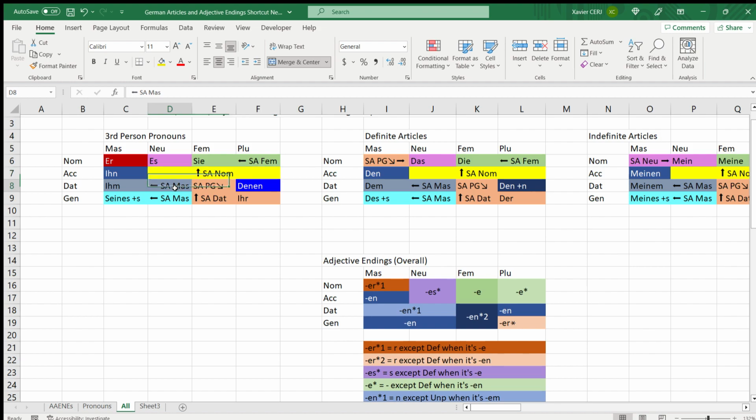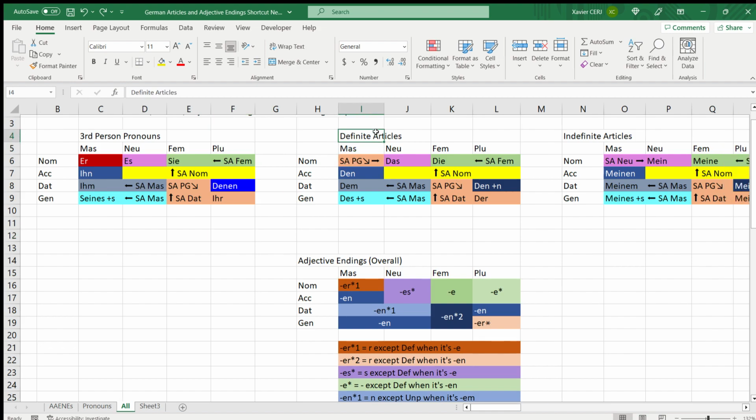Here, you can see same as masculine, whereas this right here, the dative neuter, is the exact same as the genitive neuter. Right here, we have same as dative, because the feminine genitive is the exact same as the feminine dative. Now, again, these aren't always going to be the case, but that is the case specifically for the third person pronouns. Here we have the definite articles.